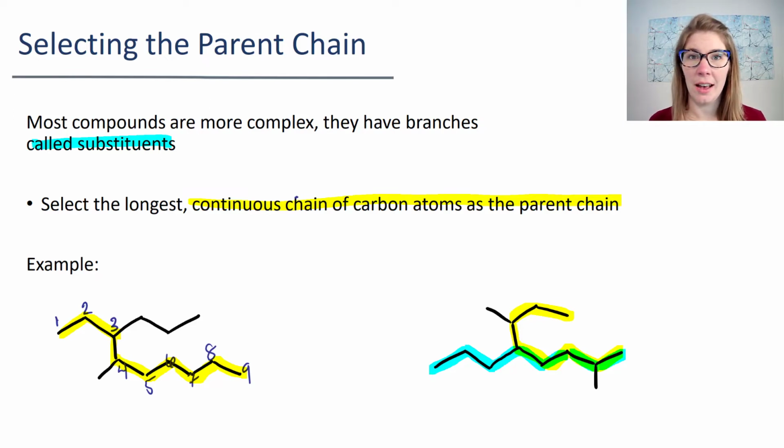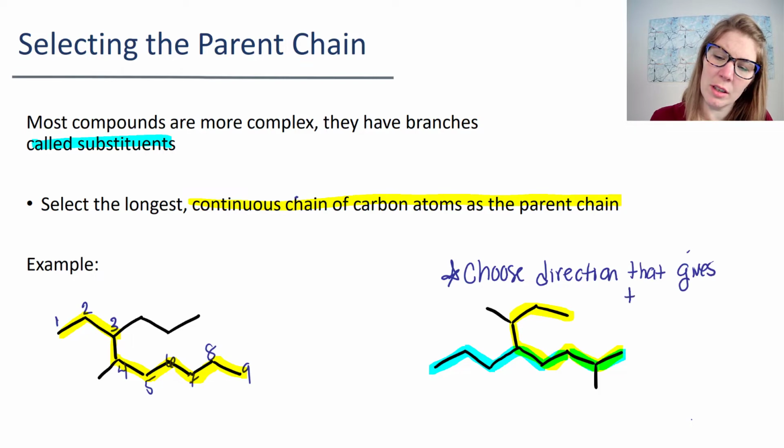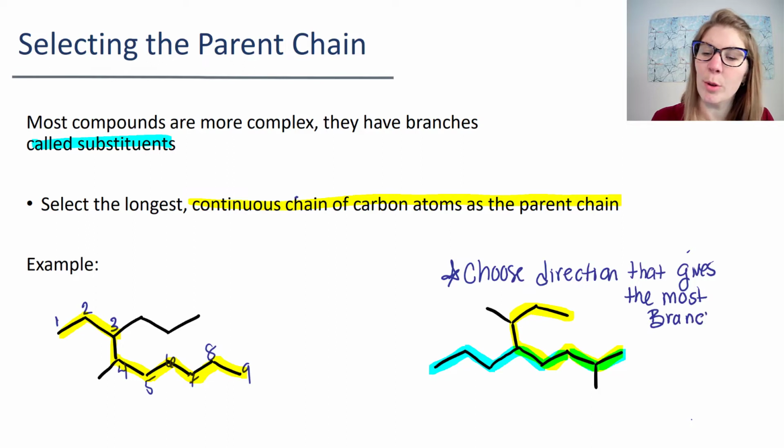If you happen to have 2 different ways that you can number and get the same number of carbons in your parent chain, you choose the way that gives you the most branches. So here, 2 directions give you 8 carbons. You choose the direction that gives the most branches. Remember, those branches are called substituents.